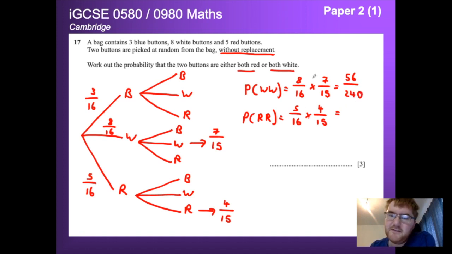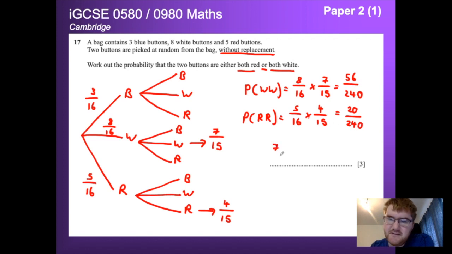And notice we haven't simplified any fractions before for a very specific purpose. 5 times 4 is 20. 16 times 15 is equal to 240. And we want the probability of white, white, or red, red. So we're going to add those fractions together. If we add those fractions together, we've got the same bottom number.